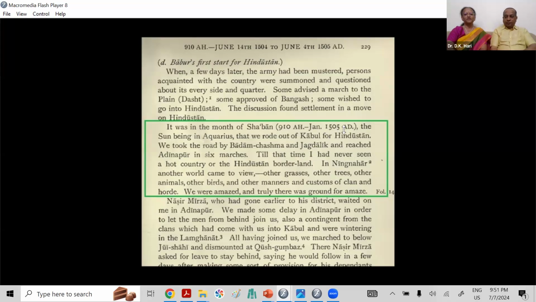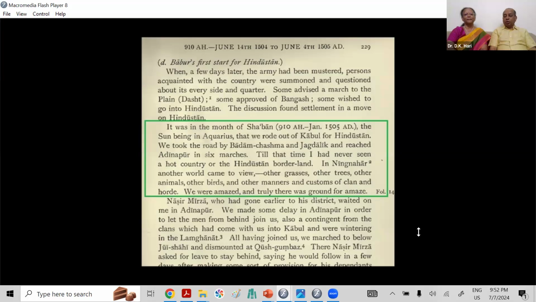See, in 1505 AD, just 500 years ago, he says, till that time I had never seen a hot country or the Hindustan borderland. And then in Nignahar, another world came to view. Other grasses, other trees, other animals, other birds, and other manners and customs of clan and horde. We were amazed, and truly there was ground for amazement.